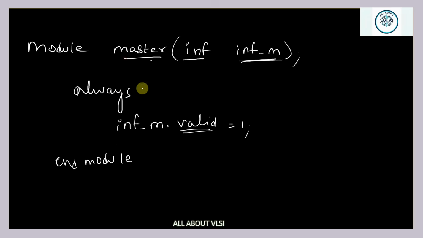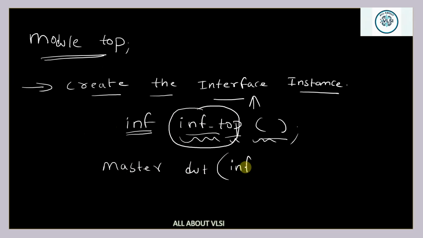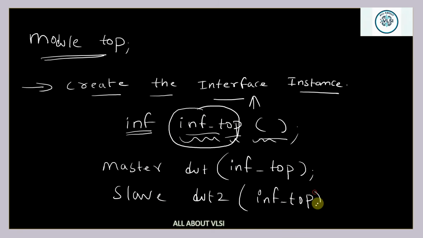Master, followed by the instance name dut, and you need to pass whatever instance you have created, which is nothing but inf_top. And the slave, let's say it is dut2, and inf_top. That's it. You have created your master instance and passed the interface instance, and you have created the slave and passed the instance to it.